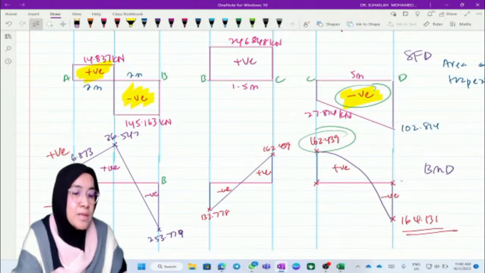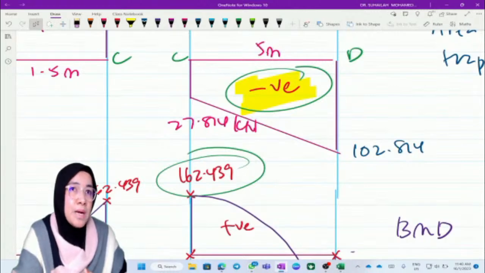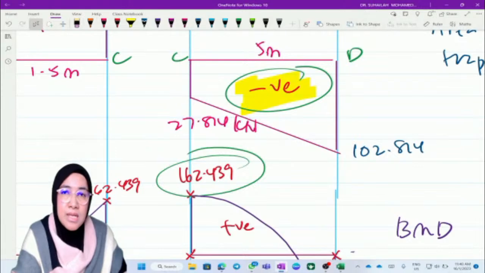For example, for member CD, we get trapezium. What does it mean? It means we have no maximum moment for member CD, because there is no intersection.